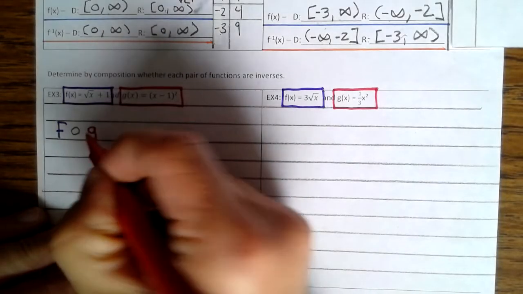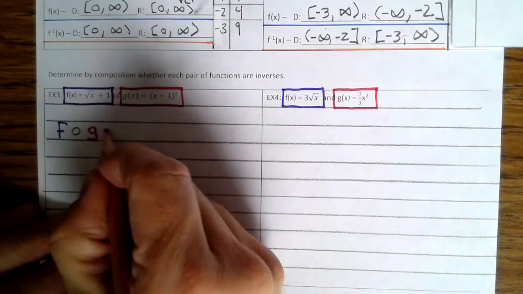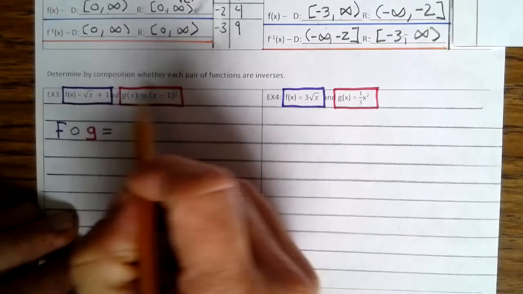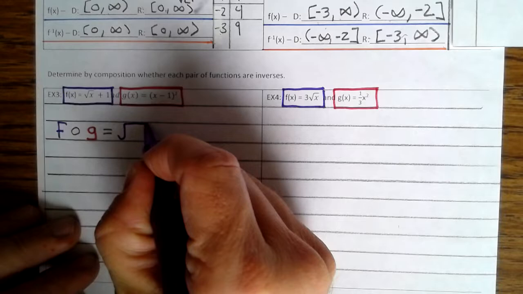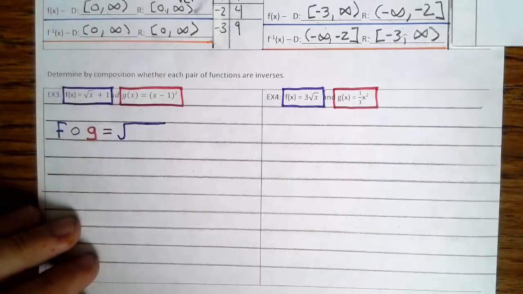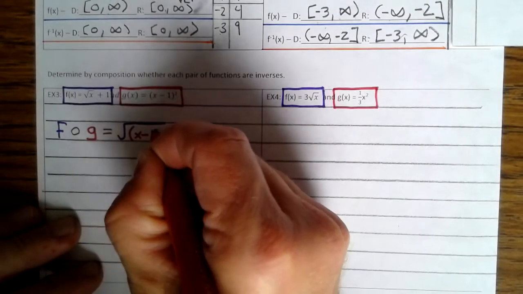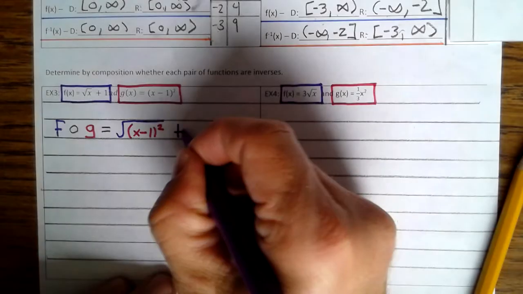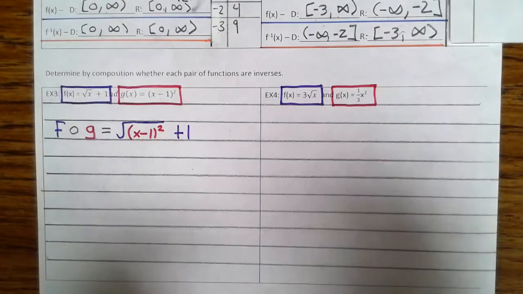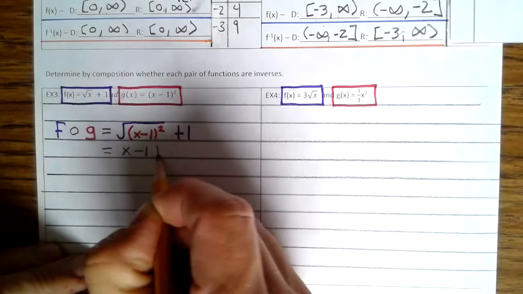So that's the square root of x minus 1 squared plus 1. Okay. The square root unsquares the squared, so you're left with x minus 1 plus 1. Negative 1 plus 1 is 0, so you're left with f of g equals x. So far these could be inverses. Okay.